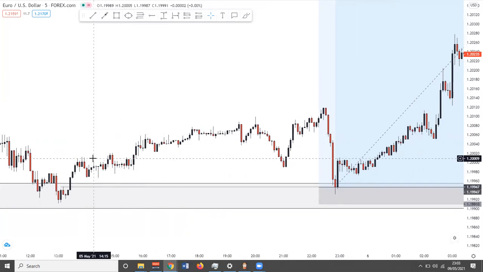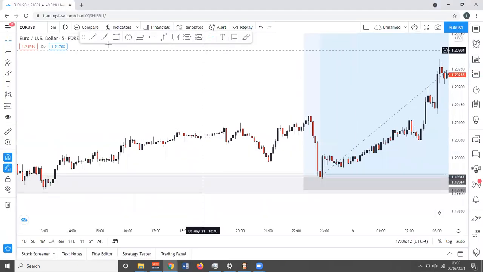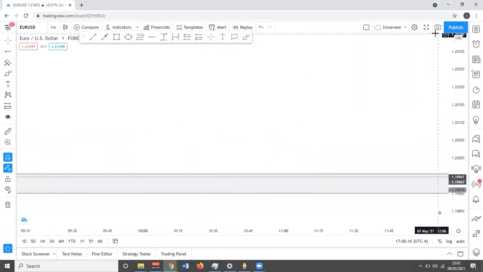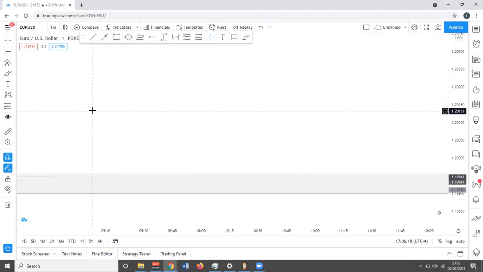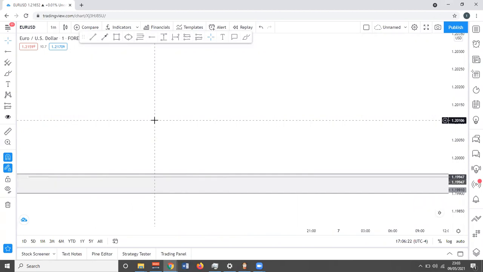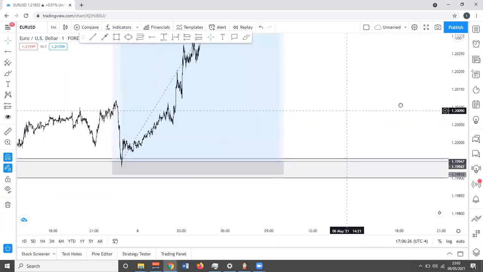That's not the reason why. If you break this down into a much lower time frame, you're going to see the reason why. Let's go to the 1 minute time frame, and I'm going to explain. You get to see more insight as to why that area was used.